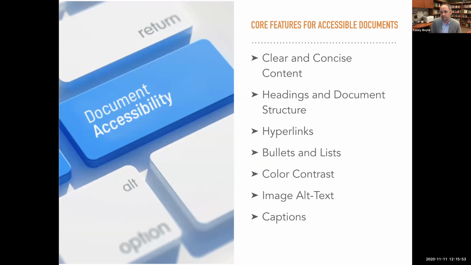So core features of accessible documents, here are the core features. Number one, clear and concise content. Number two, the heading and document structure is present. Three, hyperlinks are noted in the document and encoded correctly. Bullets and lists are formatted as such.